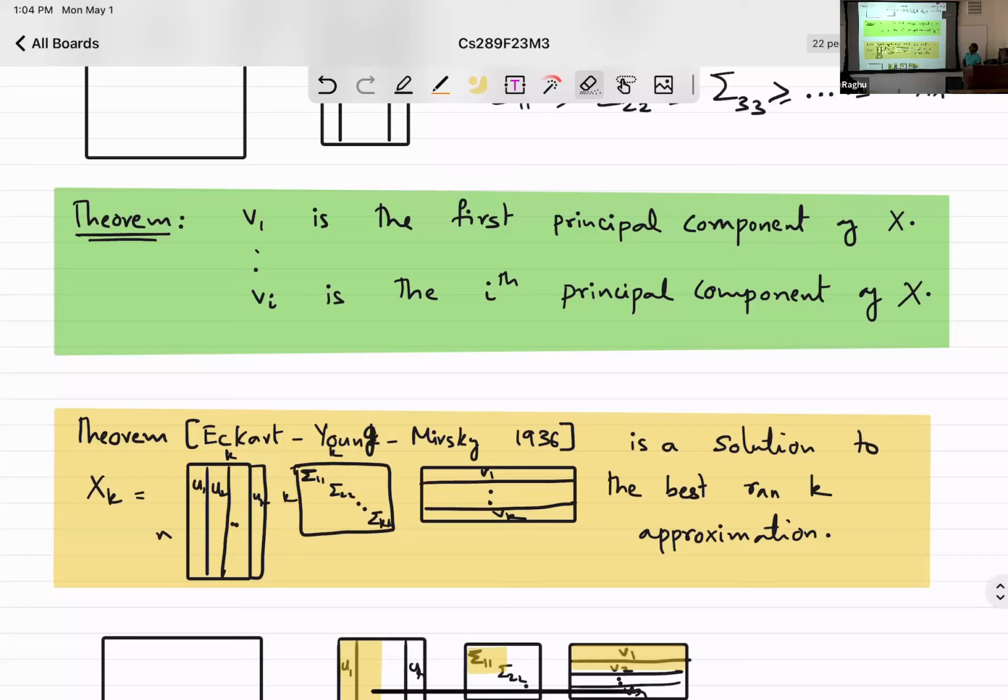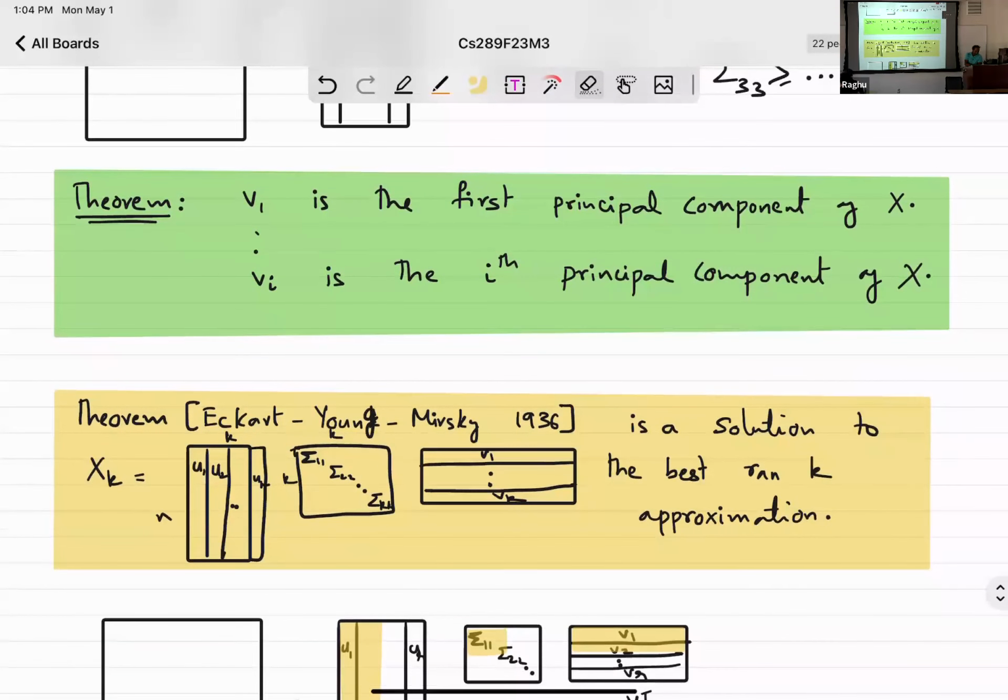And if you wanted to find the best rank k approximation, all you have to do in some sense is compute the SVD and throw out all but the top k things. So, we motivated best fit subspace, a nice question with many applications. Low rank approximation for matrix completion is a very nice technique, and it has many other applications, not just for matrix completion. And both of them can be solved by SVD.